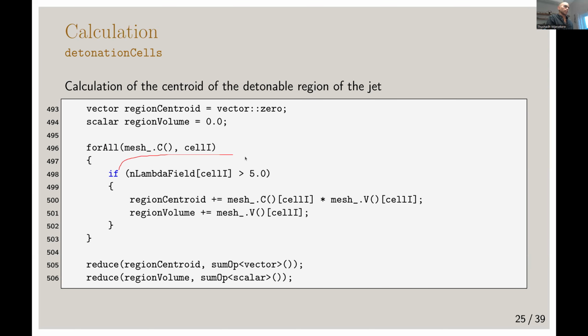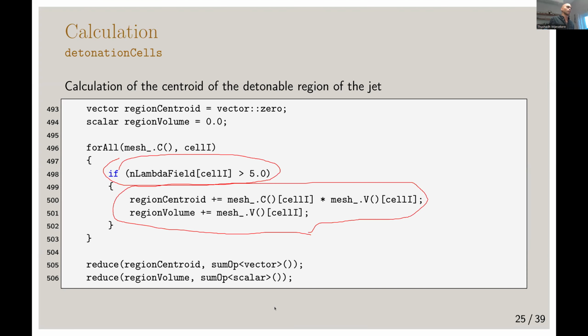So we isolate the region where all three criteria were fulfilled, and then we calculate the geometrical centroid using a simple formula. And again, here, it doesn't matter if you are doing the calculation on different processors, it should also work that way.